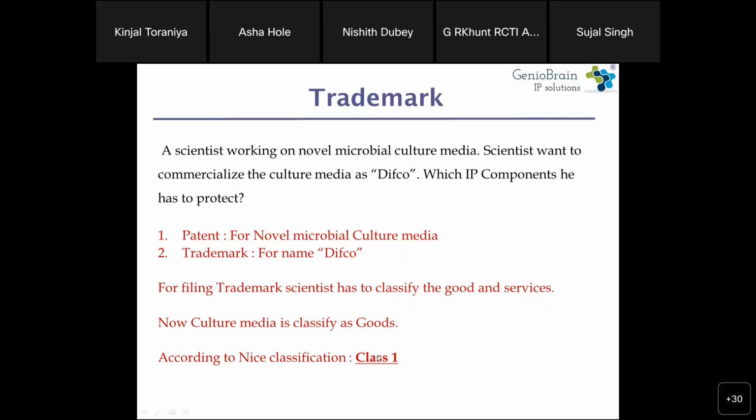He has to search whether someone has already filed DIFCO in class 1 or not. That's how he needs to do it. If he searches class 1 for DIFCO and gets a negative result, that means nobody has yet filed an application for DIFCO. He could file the trademark application and his trademark is easily registered, because nobody has filed DIFCO before. So this is how you need to identify your IP.